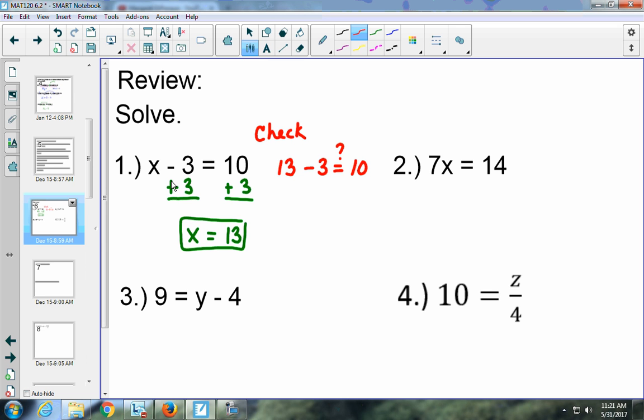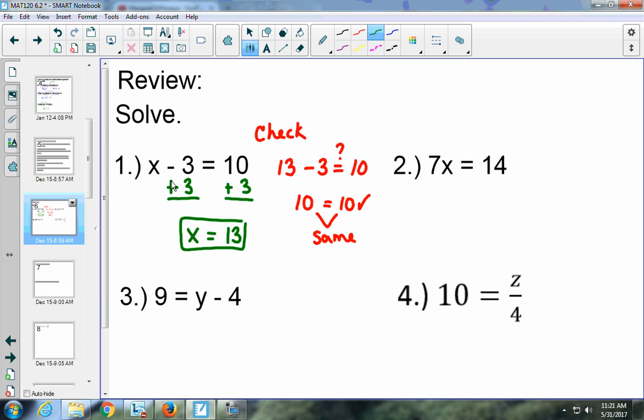So on my left-hand side, I have 13 minus 3, which equals 10. And I can't simplify the right-hand side, so I write 10. And 10 does equal 10. They're the same thing, so I know that I did it correctly. If I made a mistake, I'd have different things on each side of that equal sign and know that I need to go back and check my work.